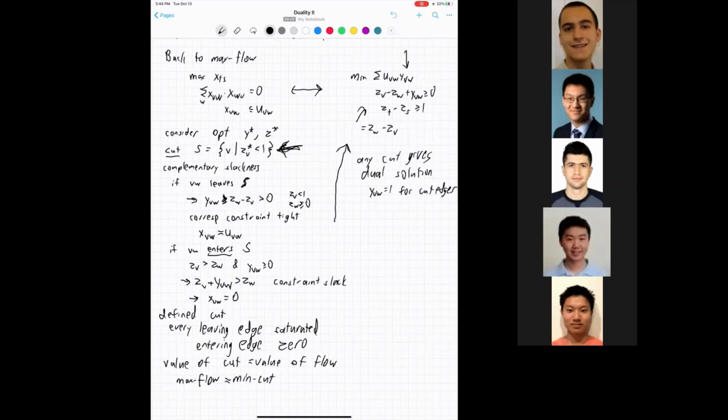If you think about it, what it tells you is that only min cut edges are allowed to be non-zero in the dual solution.